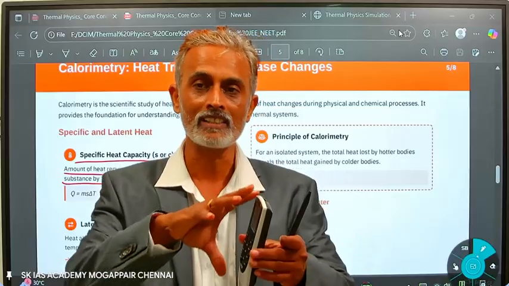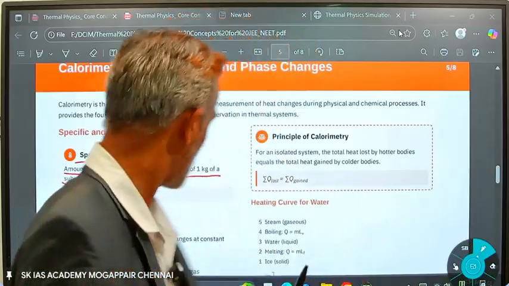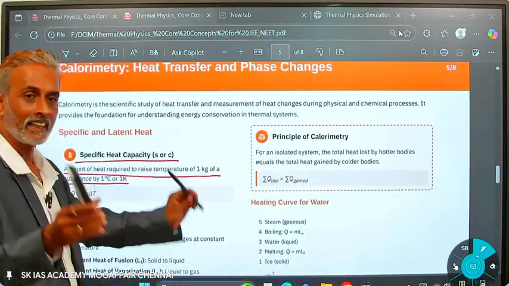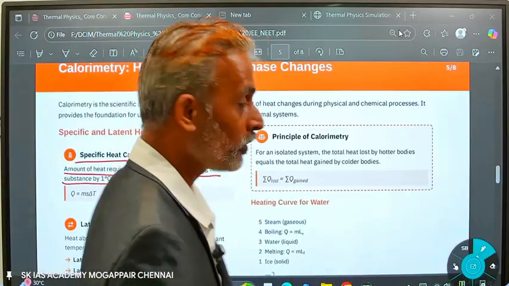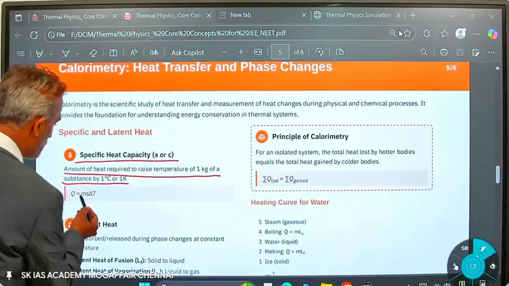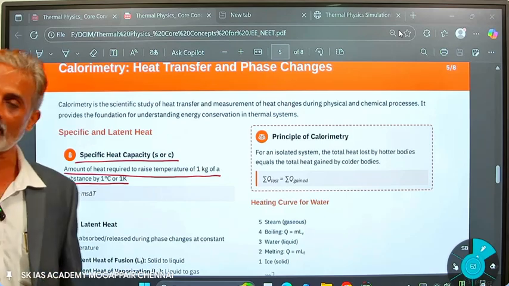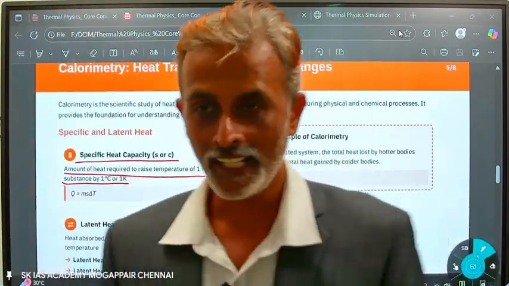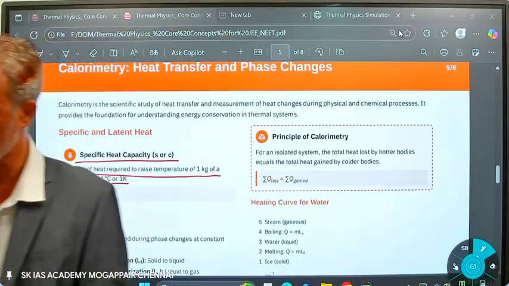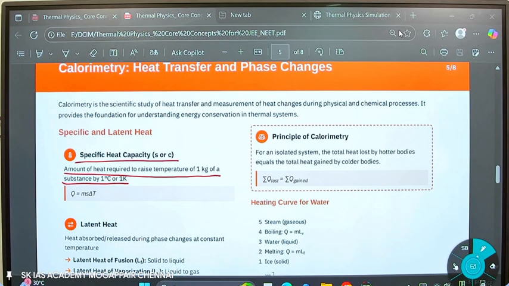You have to raise the temperature by 1 degree Celsius or 1 Kelvin. Then we can say that is the specific heat. Correct? What is the formula? Q equals m s delta T. What is m? Mass. Delta T is the change of temperature. S is the specific heat. Okay?